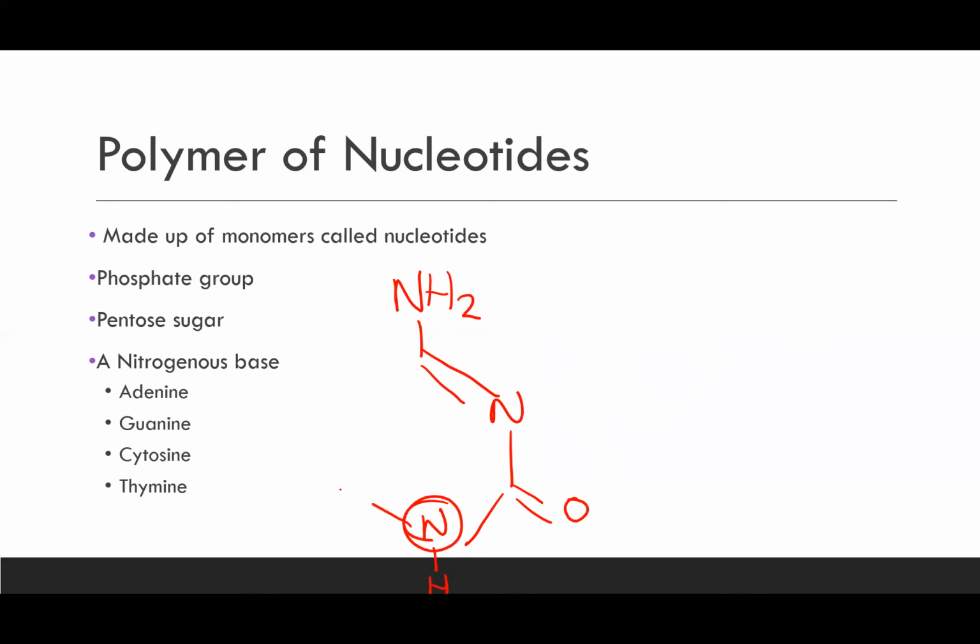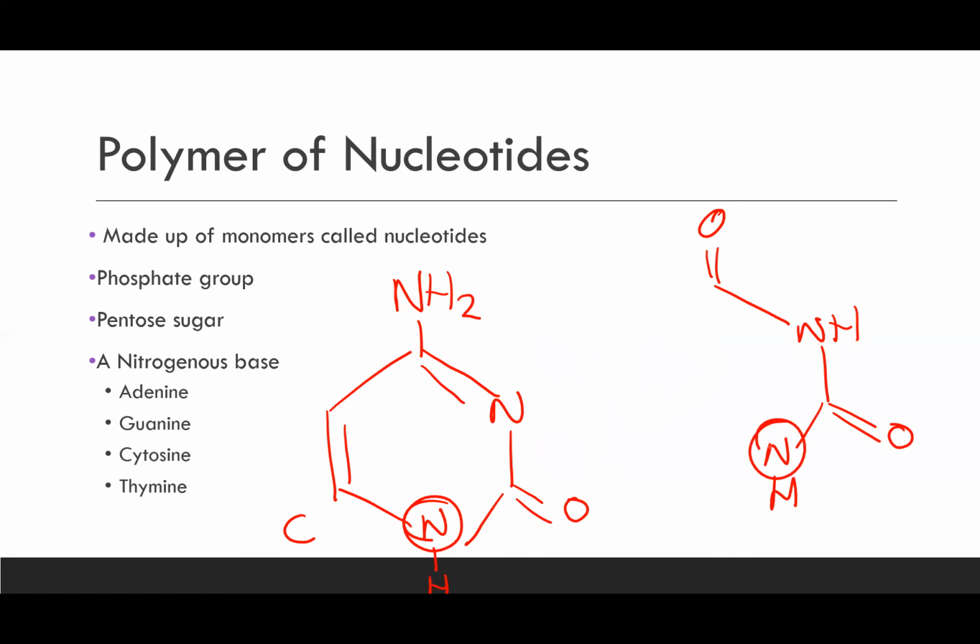Again, it bonds with that nitrogen here. And this one's cytosine, and then thymine. Bonds with that nitrogen. And that one again is thymine. So then you can have all the structures of the 4 DNA bases.